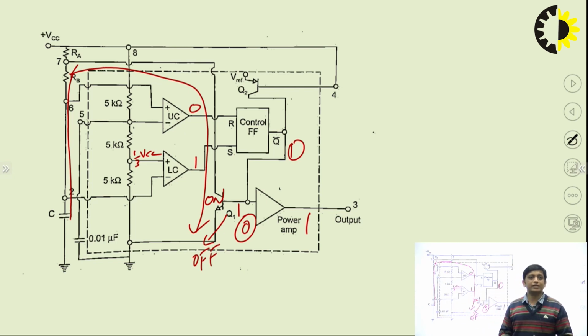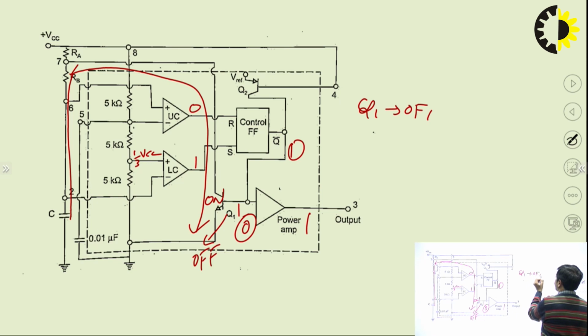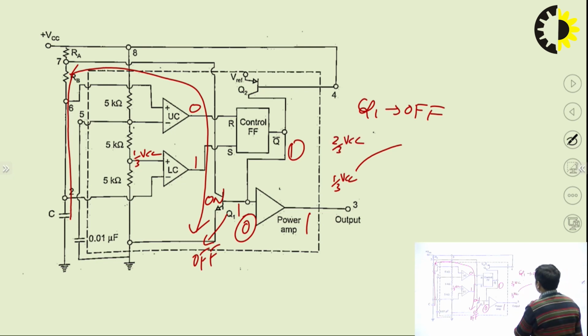So in short, we can say that when this Q1 transistor is off, the capacitor is charging from 1 by 3 VCC to 2 by 3 VCC, right?